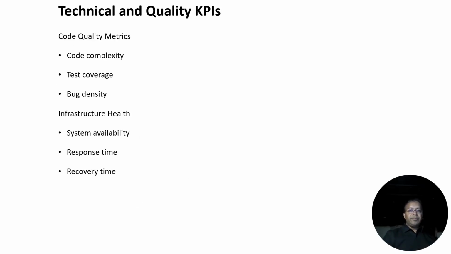Technical and quality KPIs. We've talked about this in several of our earlier modules, but in this case, suppose you take the same example of a software release, then you're talking in terms of code complexity, test coverage, bug density, and also infrastructure health, system availability, response time, and recovery time.